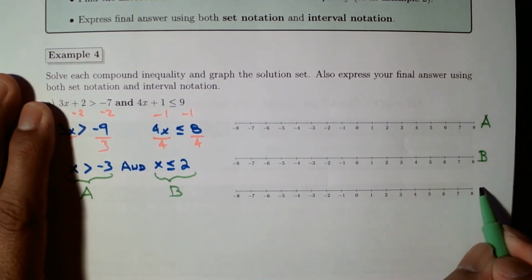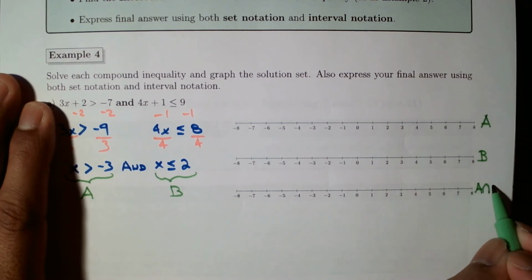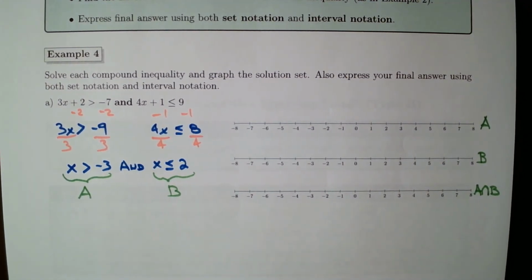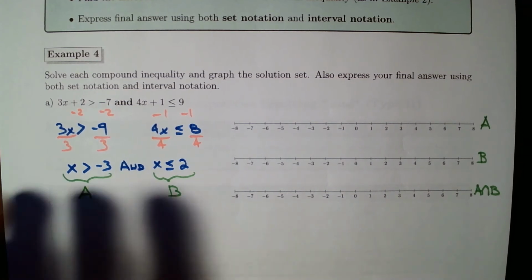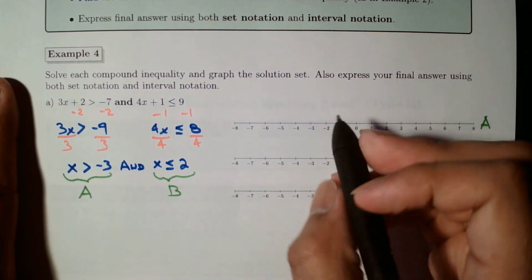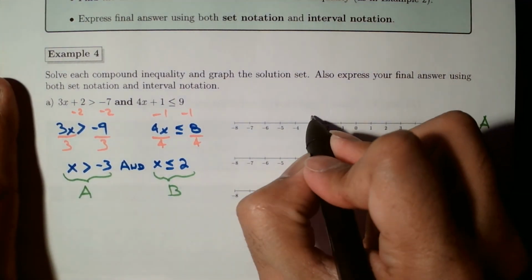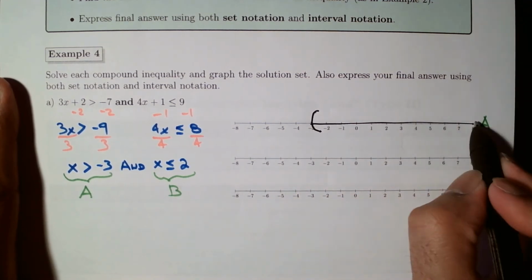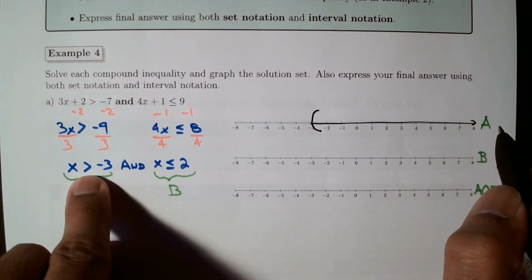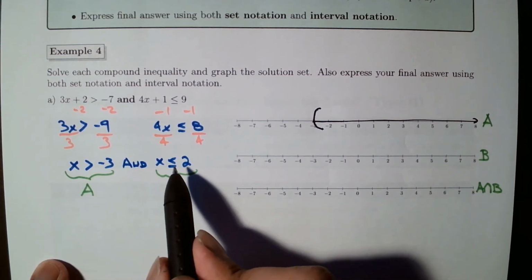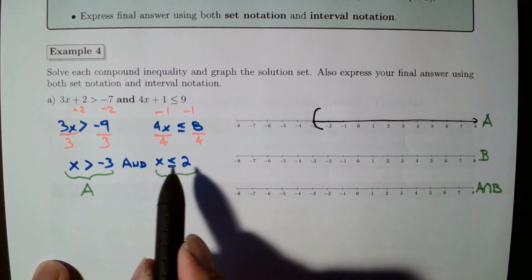A, B, A and B. Let's put these two together. For x greater than negative 3, I'm going to go to negative 3, and then I'm going to go to the right, with parentheses, of course, because it only has greater than. But in this case, x less than or equal to, the direction of the tip is going to the left.